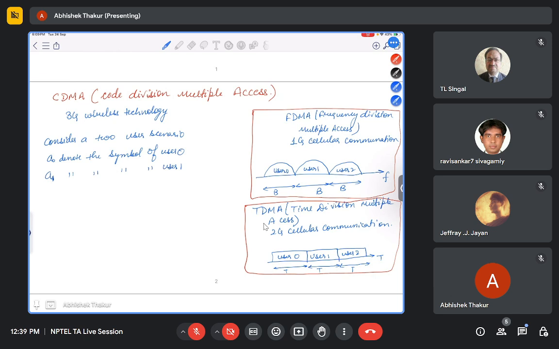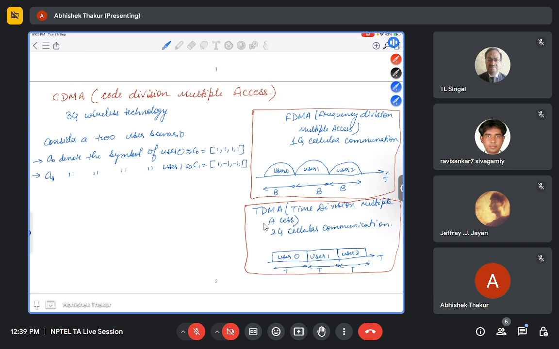And let the code C naught assigned to user 0 be 1, 1, 1, 1, and code C1 assigned to user 1 be 1, minus 1, minus 1, 1.